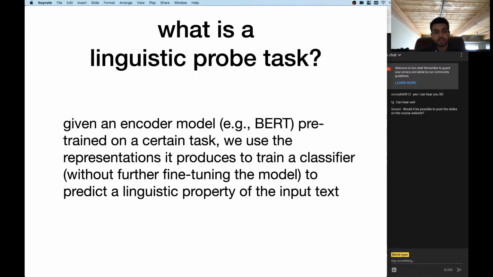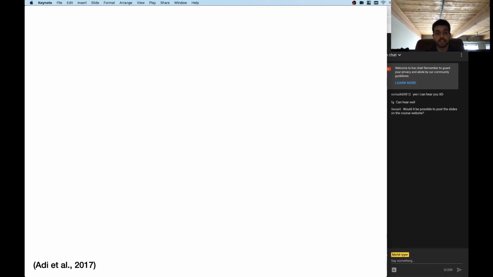So the setup is basically that we take our model, we freeze its parameters, and we only train a simple classifier on top of our model's representations, like its final layer representations, to predict whatever property we care about. So there's no further fine-tuning of the model that we are probing. The classifier that we're training is often called the probe network, and there are good reasons to keep the probe network as small as possible, as we will discuss later.